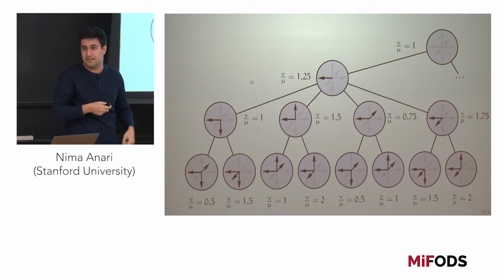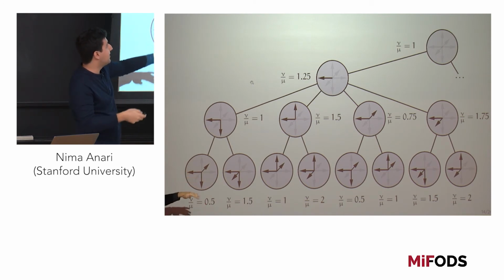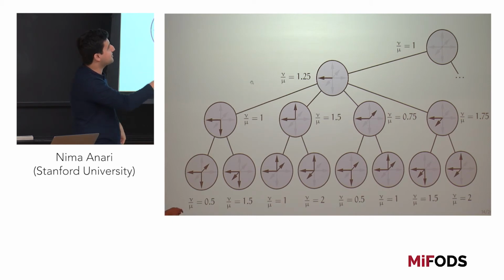So in the first level, I'm just consuming a 1 over k fraction of the total variance. Here I'm looking at a 1 over k minus 1 fraction of the remaining variance, and so on. If you plug all of these numbers in, the variance that remains when you get to the last level is going to be roughly 1 over k.